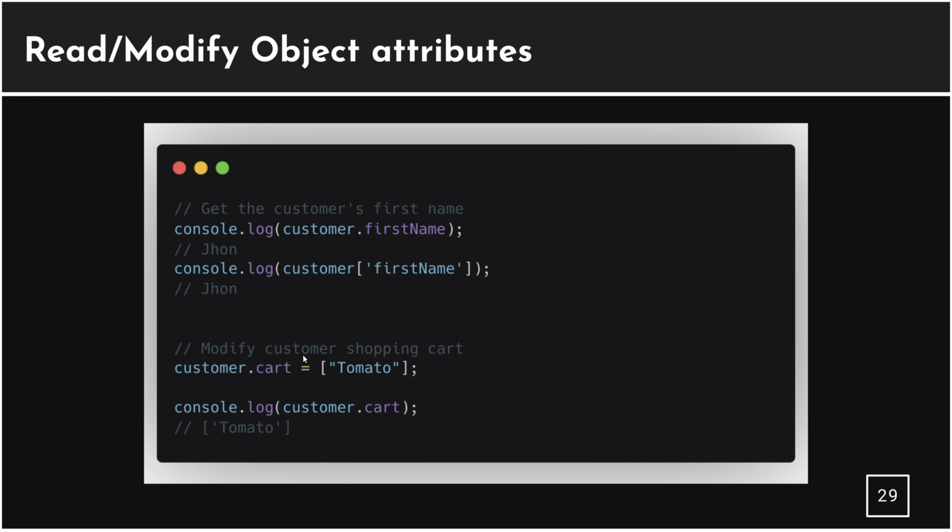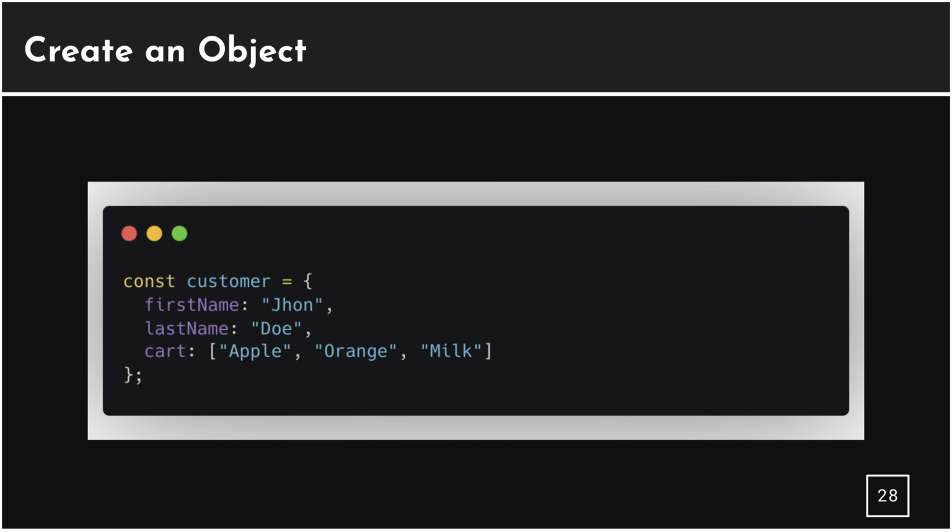To modify a value, we use the same syntax: customer.cart, and then we assign to it an array that contains only one value, which is tomato. And when we console.log the cart, we get only the new updated array, which is tomato.